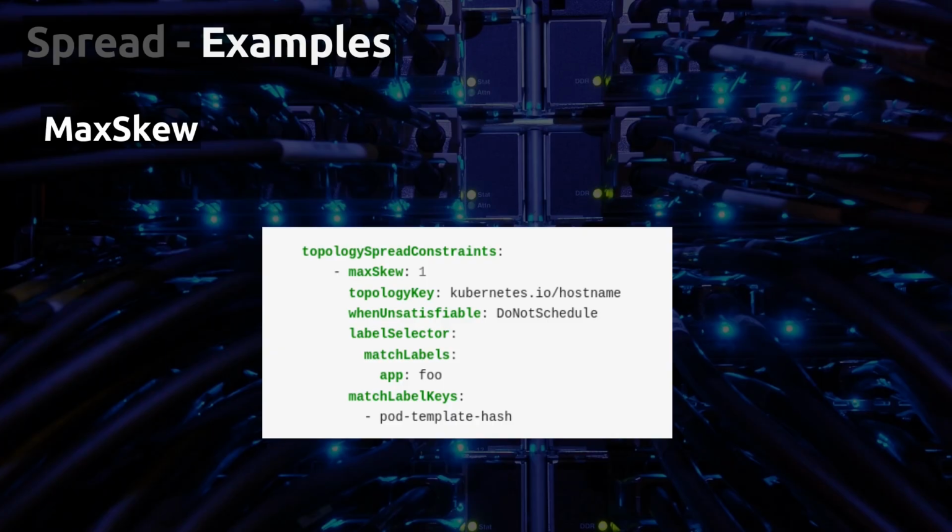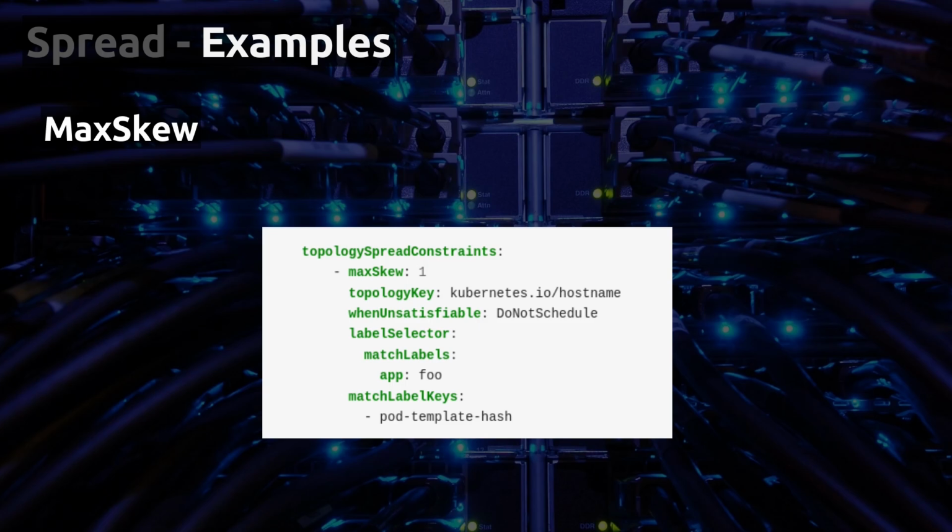We need to set the MaxSkew, and the topology key here is just based on the hostname. That means that if we have, for example, multiple servers, for example 3 nodes inside our Kubernetes cluster, and we want to spread each deployment well inside this cluster.